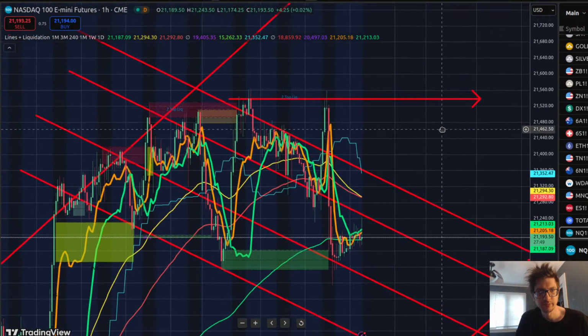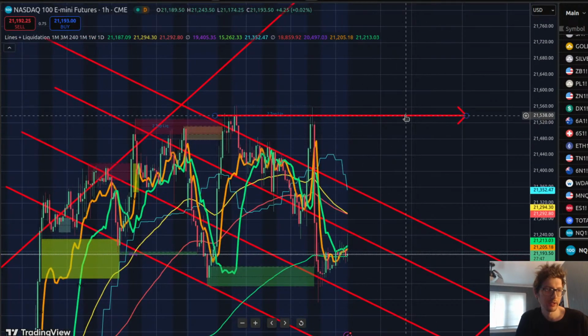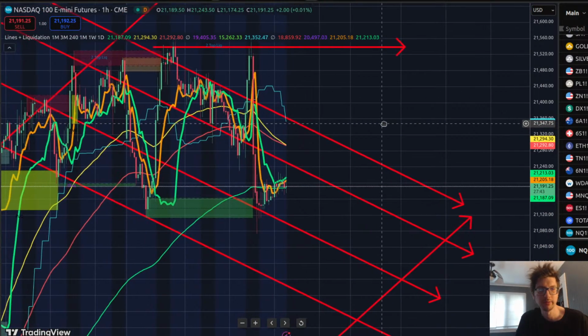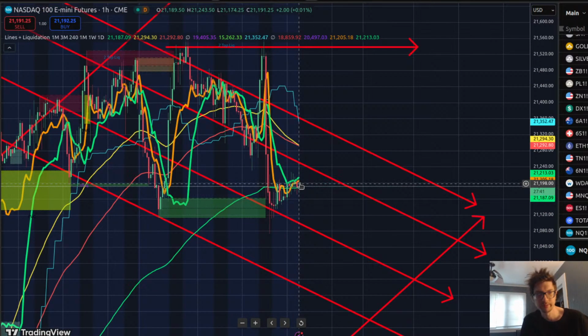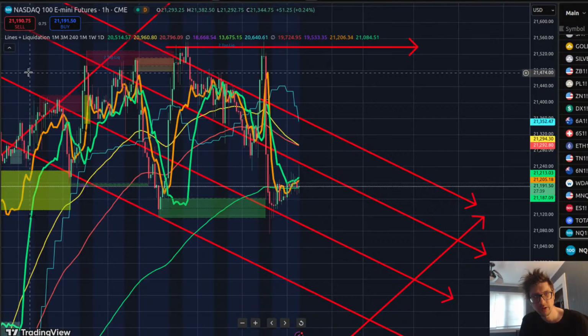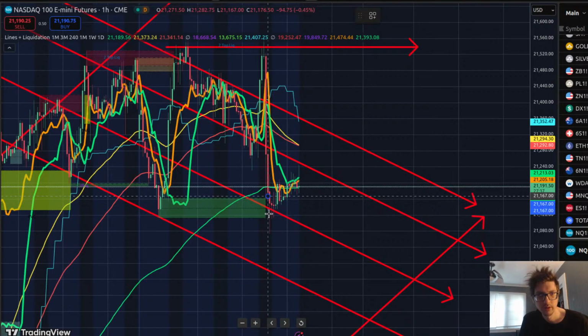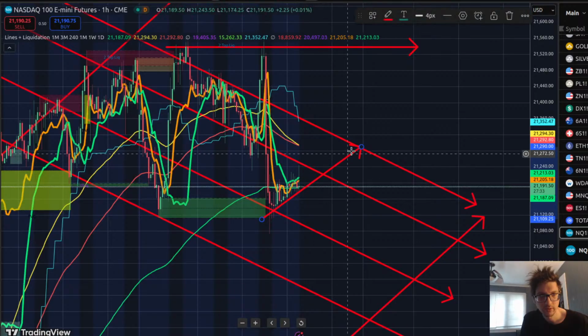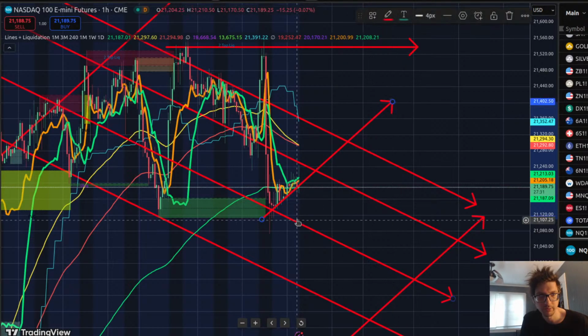So we might test it again once we get back up there, but it's just a question of, are we gonna go above this green line here? Let's draw this little micro trend line.